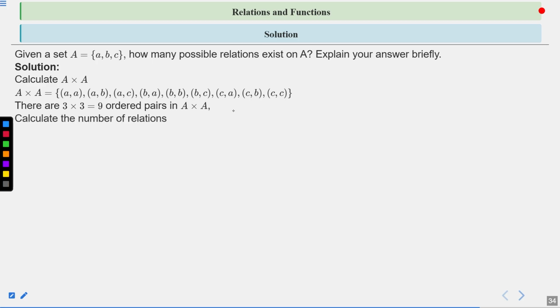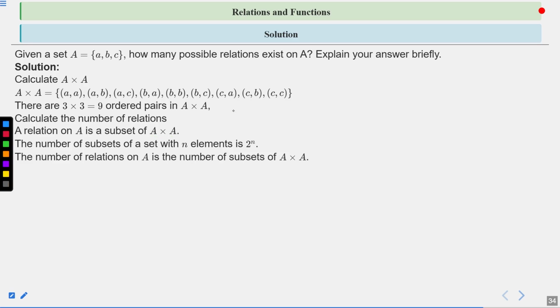And the number of relations is given by, simply, we know any relation R on A is a subset of the A cross A Cartesian product. So the total number is given by 2 raised to the power n, where n represents the number of elements in the set A cross A. In this case, the number of relations on A is the number of subsets of A cross A, given by 2 raised to the power 9, meaning the number of possible relations is 512.